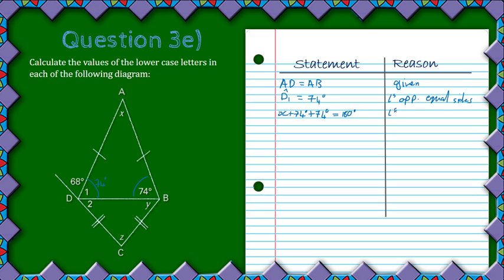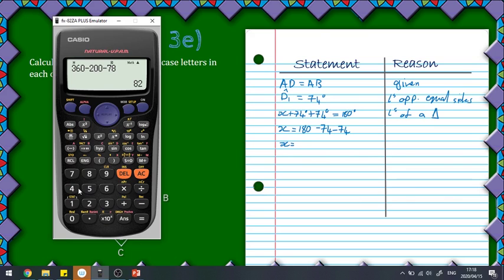So this is angles of a triangle. And then x is equal to 180 minus 74 minus 74. So this is 32 degrees.